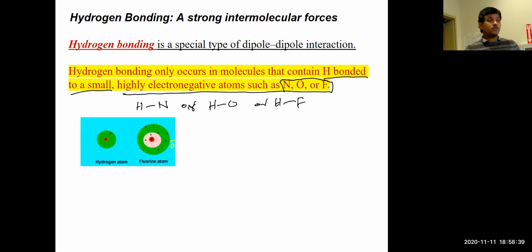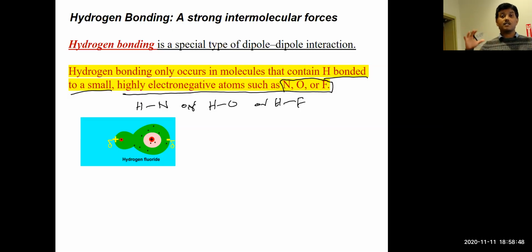Why hydrogen bonding is special is because the combination of hydrogen with fluorine, oxygen, and nitrogen creates one of the largest electronegativity differences in non-metal bonds. As a result, the bond is extremely polar. If you remember ionic character, it's high in ionic character.